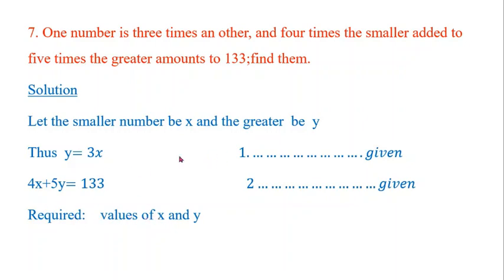To proceed, substituting equation 1 into equation 2, we have 4x plus 5 times 3x, in place of y, equals 133. Simplifying, 4x plus 15x is equal to 133. Adding 4x and 15x gives 19x, which equals 133.